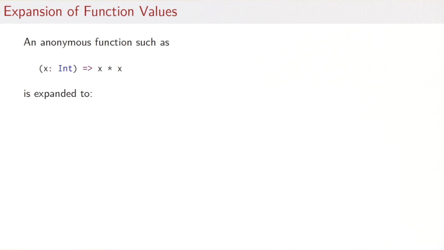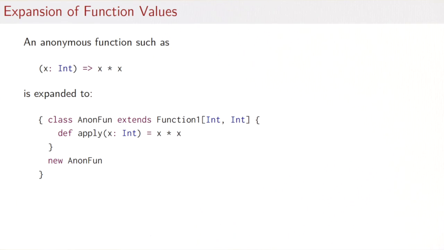Okay, so we've looked at function types. What about function values? Let's look at an anonymous function like the squaring function here, which takes an x and returns x times x. What would that expand to in this object-oriented view of functions? Well, it would be a new class that we create here called anonfun, and I assume that the name is not used otherwise in the program.